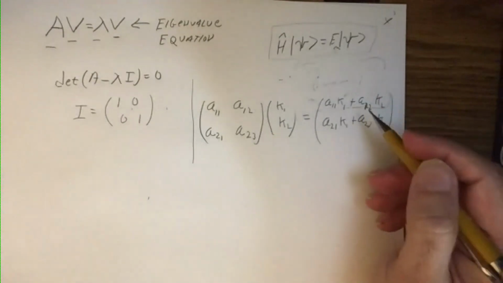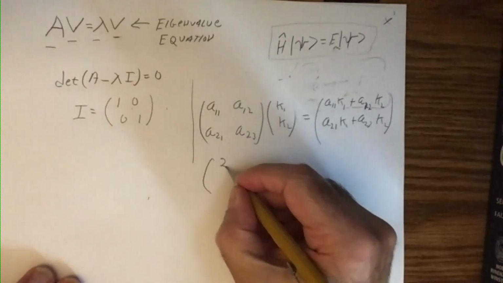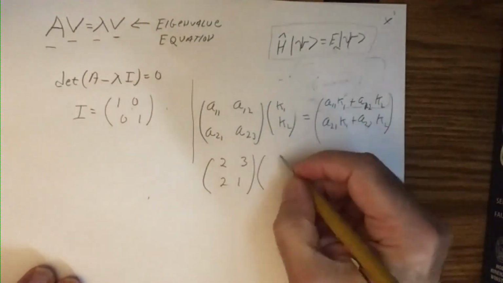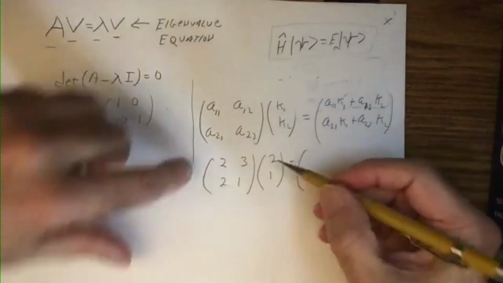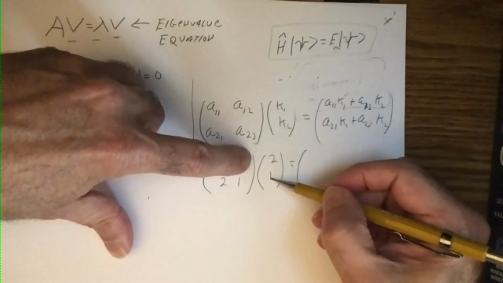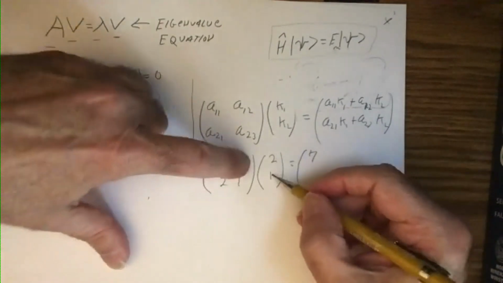So that's it. Let me give you an example. Let's say I have this matrix here, and I want to multiply it by this. This times this is 4. This times this is 3. So that's going to be 7, right? 4 plus 3 is 7.